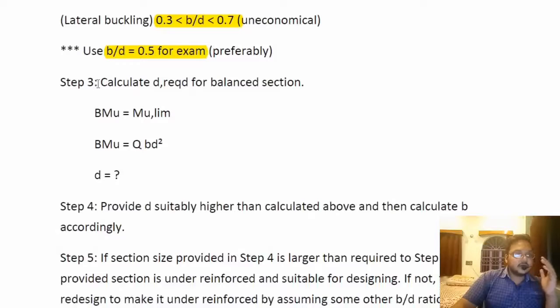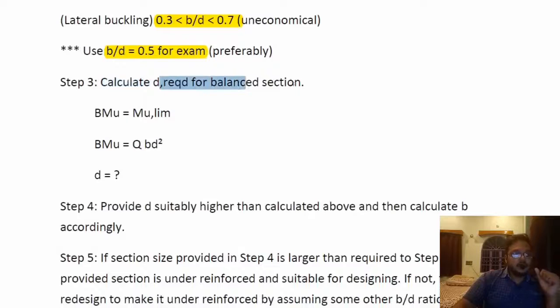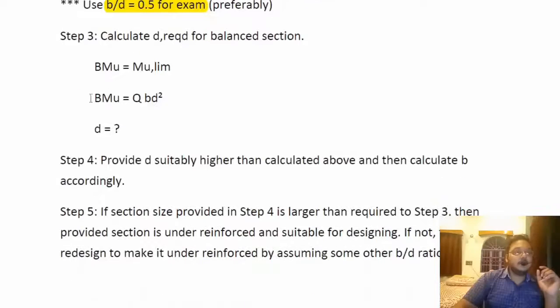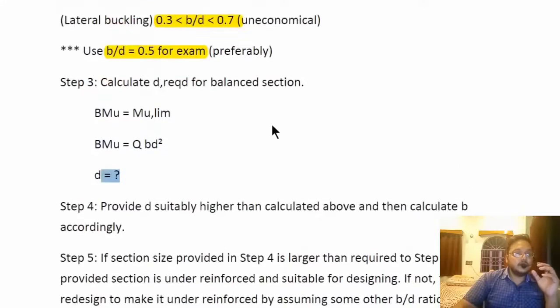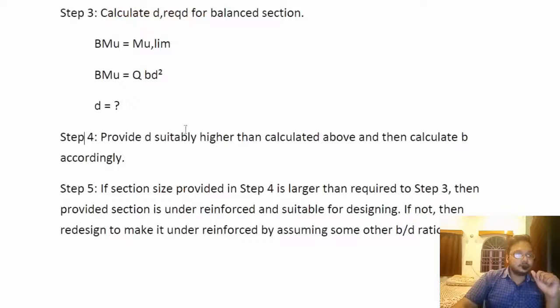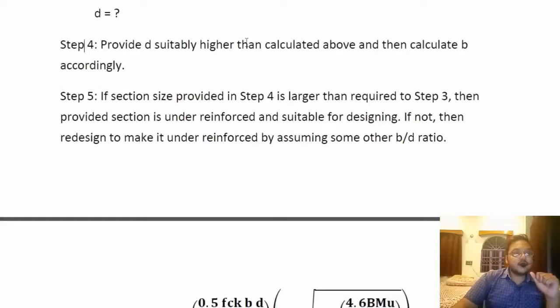Let's see the next step, that is, calculate the D, the depth, by the given B to D ratio and the required balanced section. BMU shall be equal to MU limiting, and MU limiting is given by QBD square, and from there we can determine the value of D. Then provide D suitably higher than the calculated value, and then calculate B accordingly.